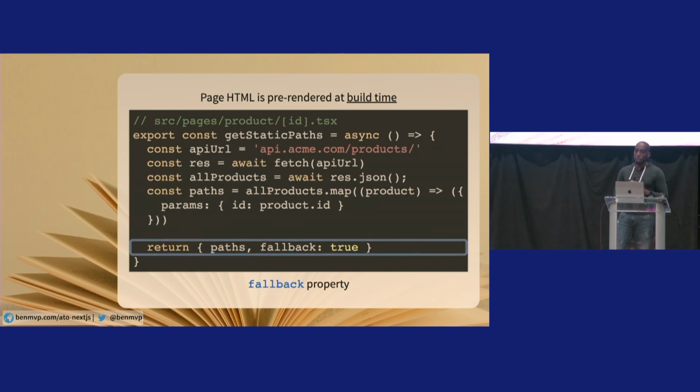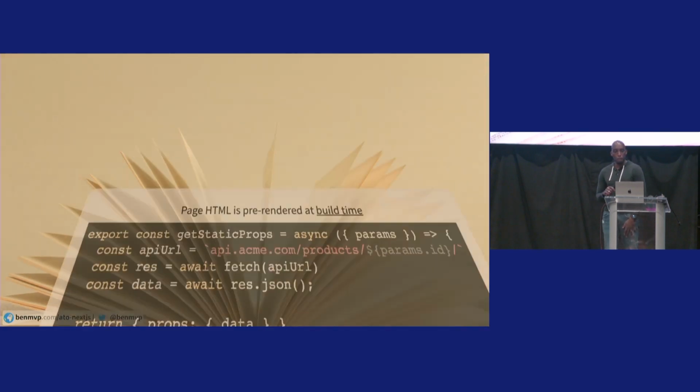This is really helpful if your site has thousands or tens of thousands of pages. Maybe you have thousands of blog posts, those sorts of things. So you pre-render the most popular ones and then leave the long tail to be rendered on demand. And when they're rendered on demand, they're stored on the file system, and then every other time it's cached. Everybody gets the same page.